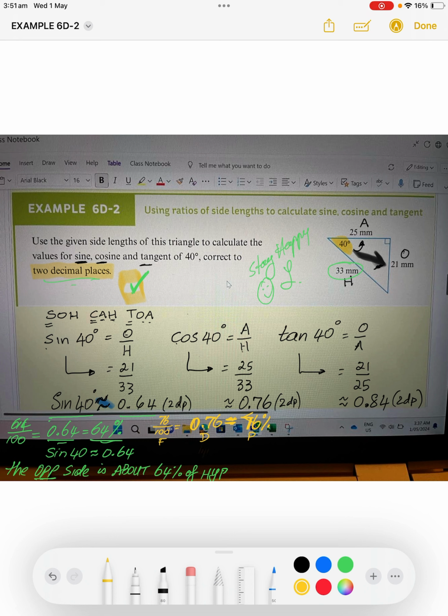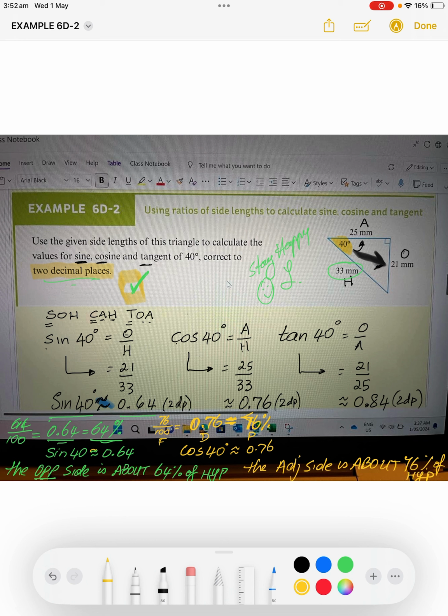Well, in every right angle triangle, if cos of 40 degrees is about 0.76, it means that the adjacent side, because cos is adjacent over hypotenuse, is about 76% of the hypotenuse side.